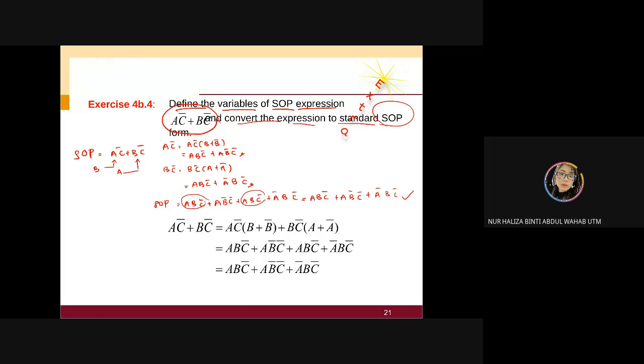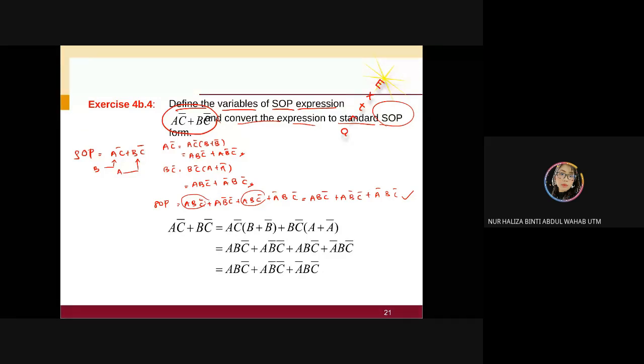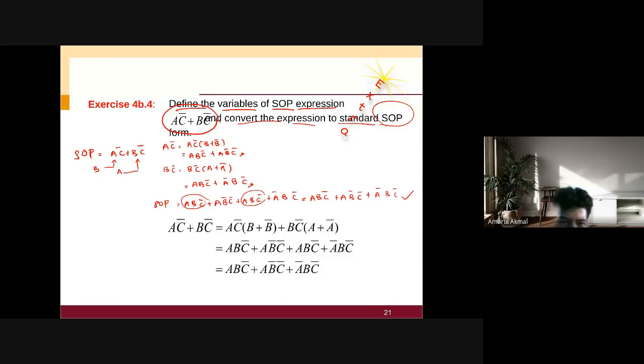Is it easy or is it difficult? Any question? Doctor, if we got the same variable like ABC bar, so we only do one, right?